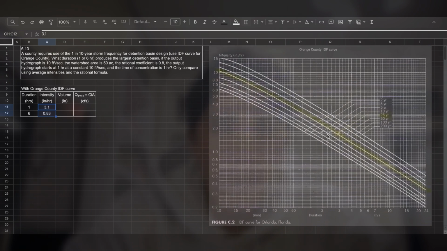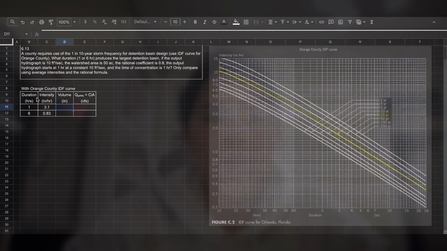In our case, we want to know for 1 hour and 6 hours. 1 hour is 60 minutes, so you go up to the 10-year return period, which will be around here, and I would say it's about 3.1, and that's our intensity in inches per hour. Same way we did with the 6 hour, and we get about 0.83 inches per hour. So that's how you get these two values of intensity.